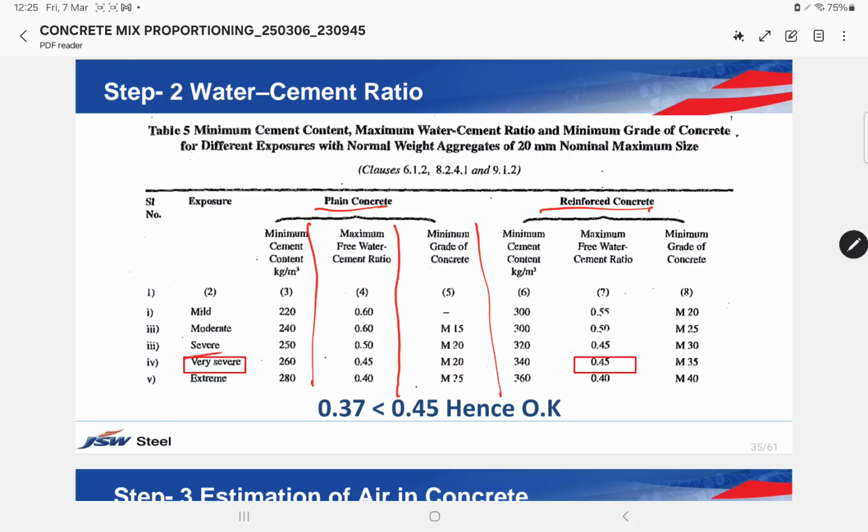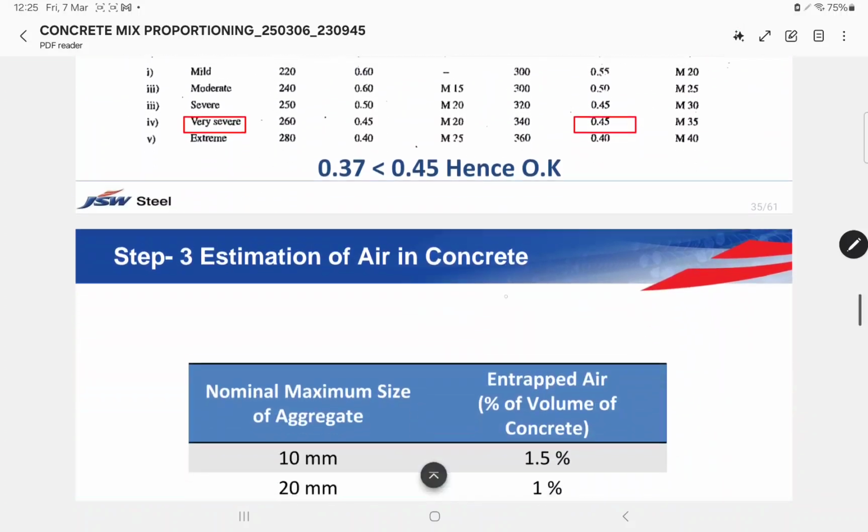So here for very severe condition and for RCC, it says that you need to have a minimum cement content of 340, maximum water cement ratio of 0.45, and minimum grade of concrete that you need to use is M35. So accordingly we have to proceed further.